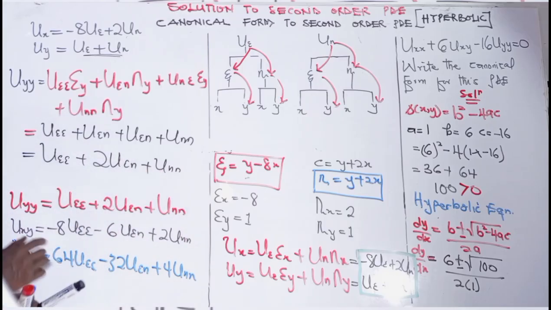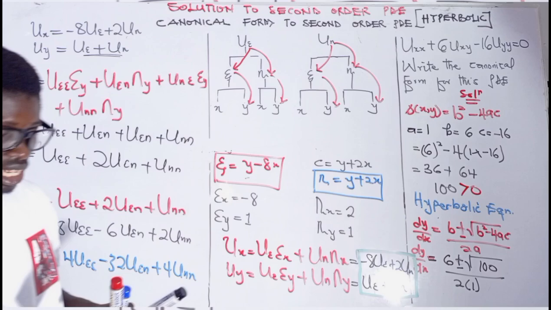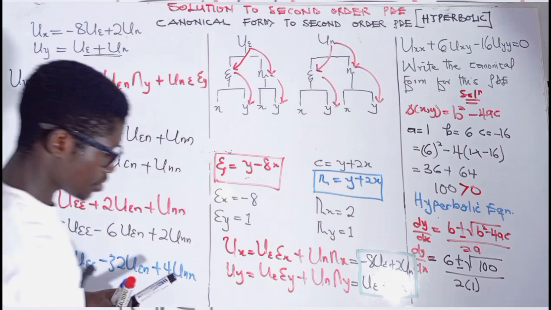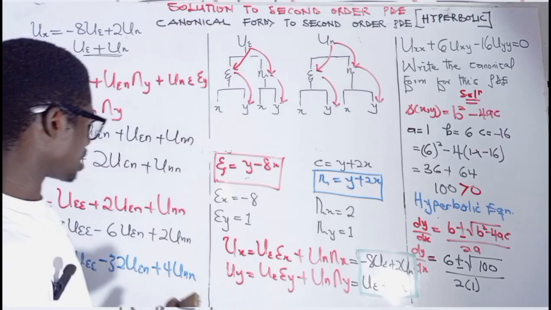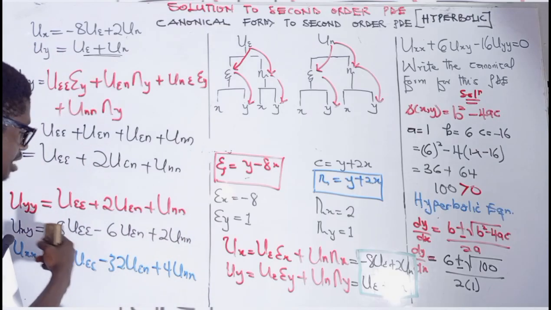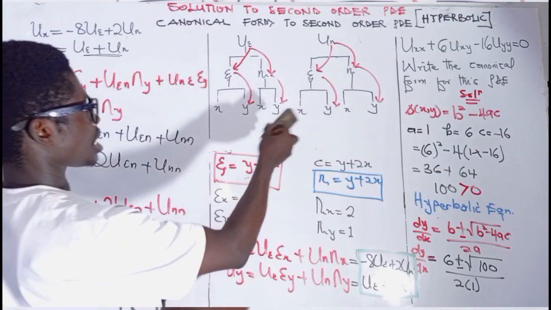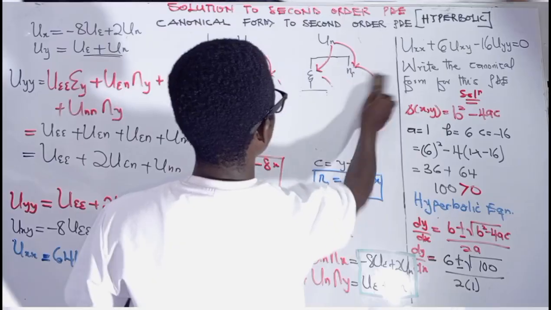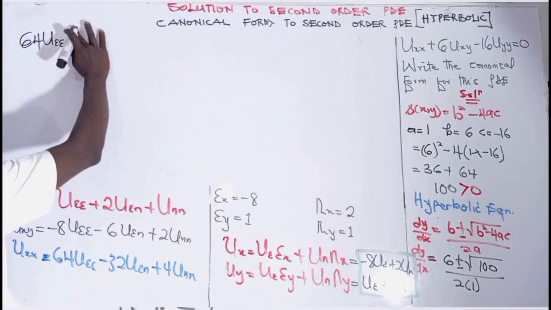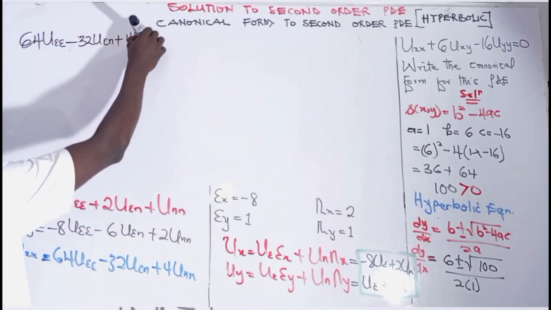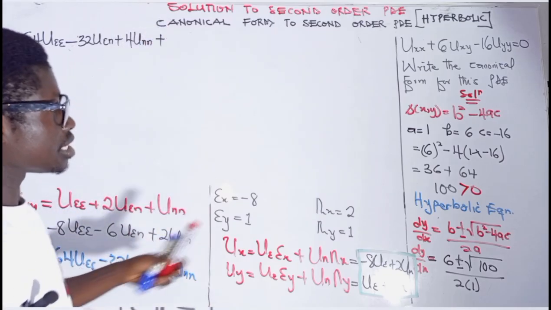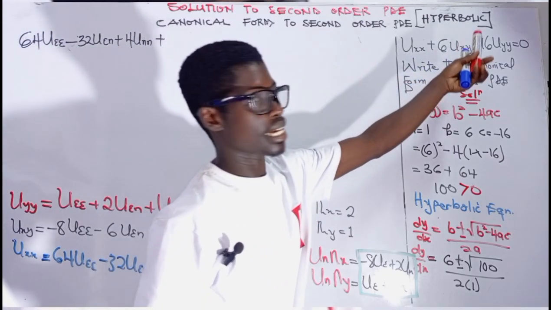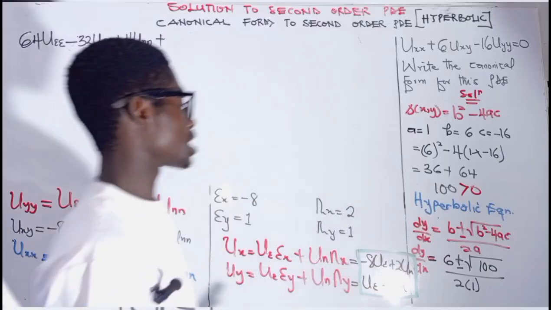Good. Now that we have our uyy, uxy, uxx, what are we going to do next? The next step is to substitute this into the equation that was given. So we are going to plug in the expressions for uxx, uxy, and uyy into that particular equation. Then the next one is 6 uxy.